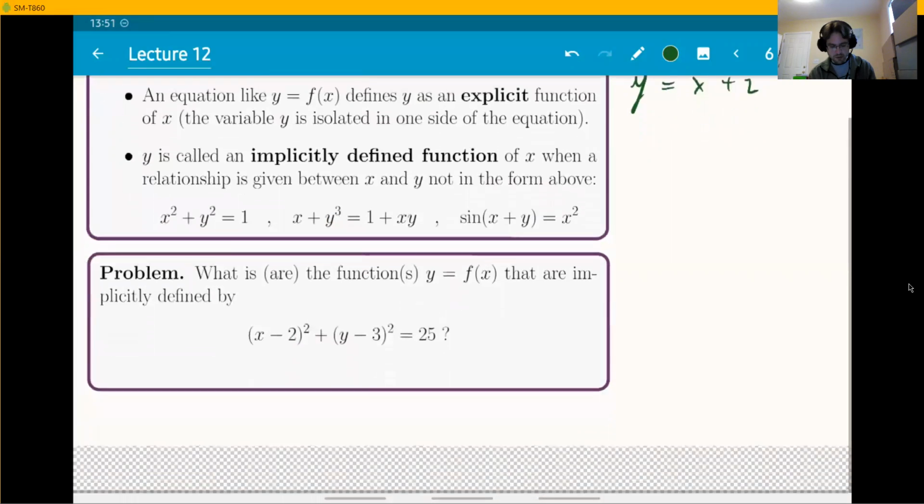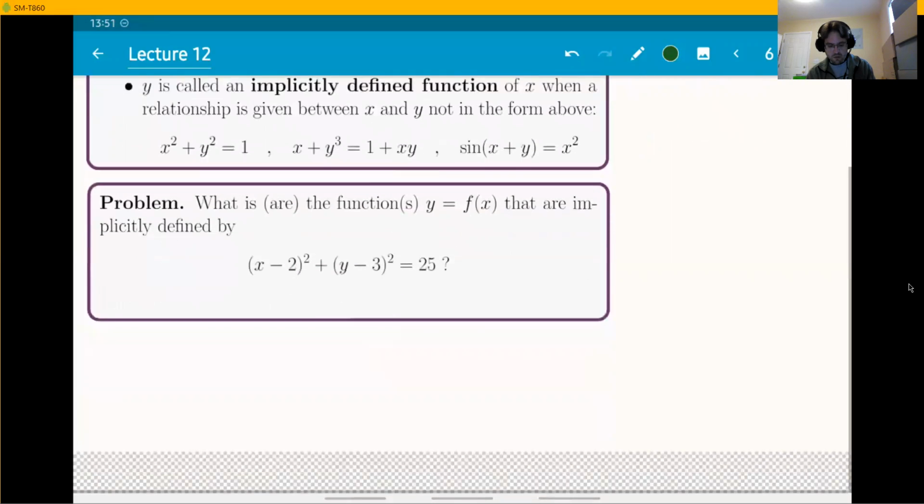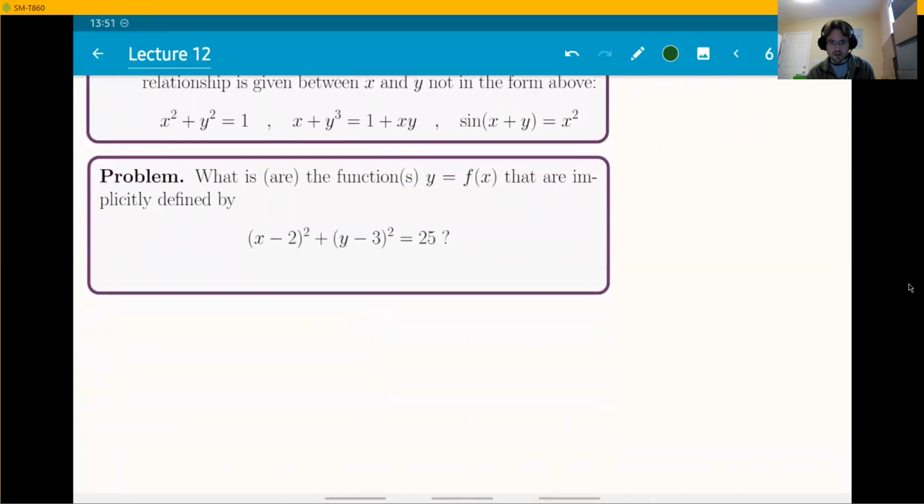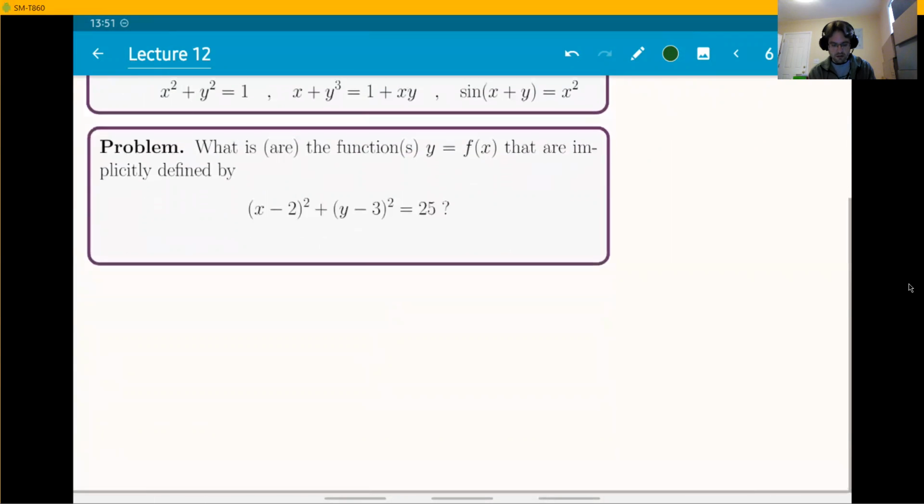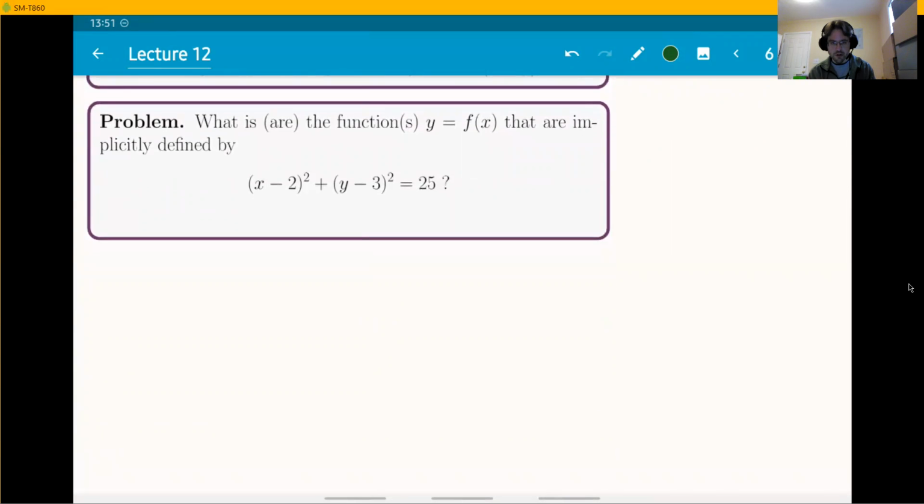So I have a quick problem here. What is or what are the functions y equals f of x that are implicitly defined by this relation? So in other words, try to solve for the function, for y in terms of x. This is a very easy problem to solve for y in terms of x. You basically just want to move all the x's to the other side: 25 minus x minus 2 squared.